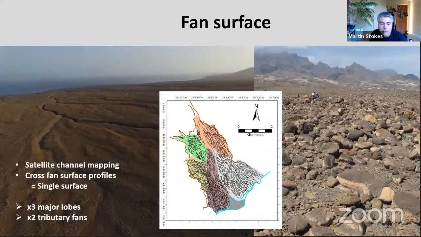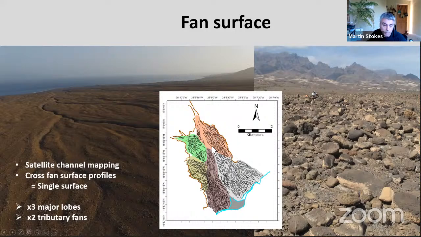So the fan surface is very much the focus of our attention, and alluvial fans are a bit like river terraces. If you ever work on them in tectonically active settings, they tend to be quite terraced, and this is a single expansive surface which, at first look, didn't really have any distinct depositional lobes. However, if you pay some careful attention to the fan surface, and you map out the relict drainage network from satellite imagery, you can actually start to see that there are a series of different lobes.